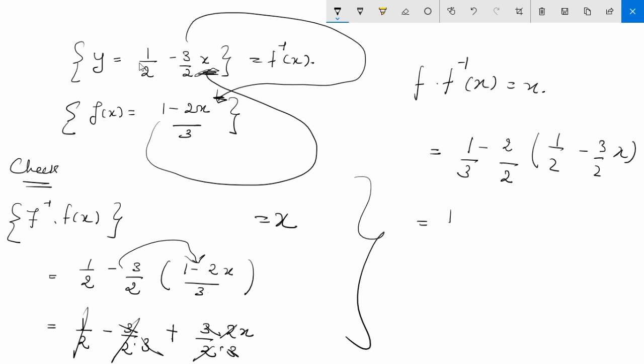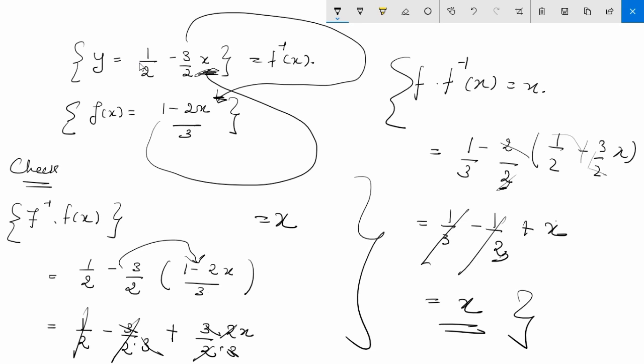When you solve that, you get 1 by 3 minus 1 by 2, and you will be left with 1 by 3 here. The terms cancel, the sign becomes plus, so plus x, and it is equal to x.